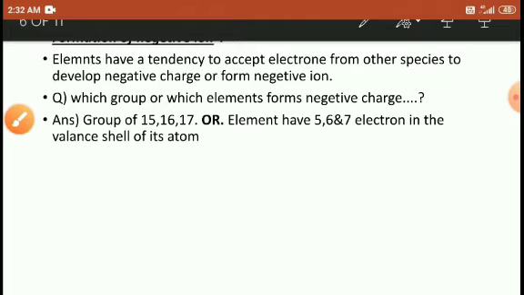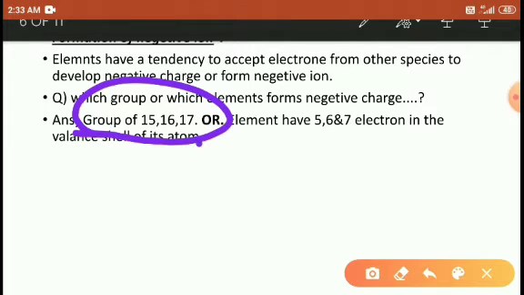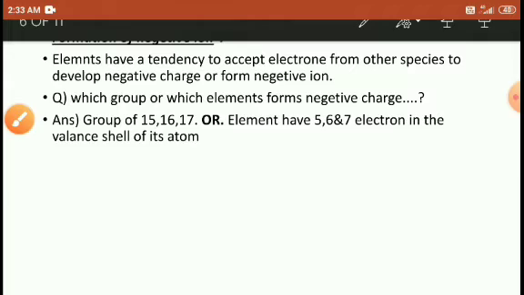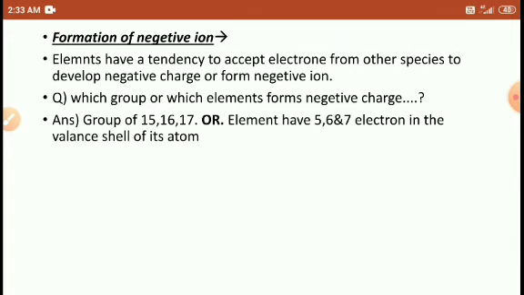So the elements of groups 15, 16, 17, whose outermost shell has 5, 6, 7 electrons, accept electrons and develop a negative charge. Right, so this is the answer, students.